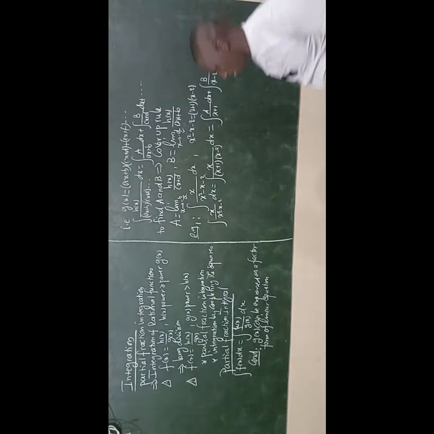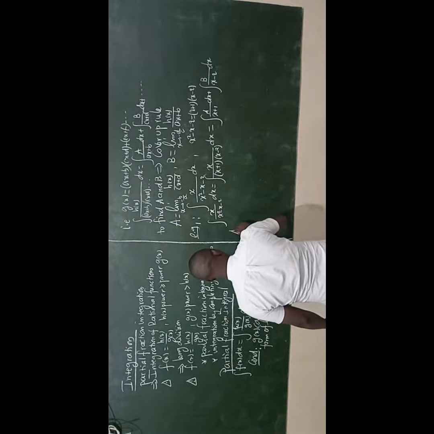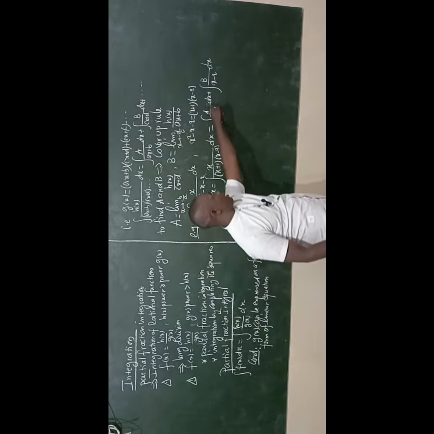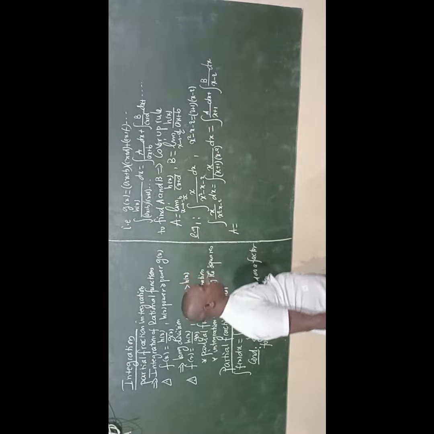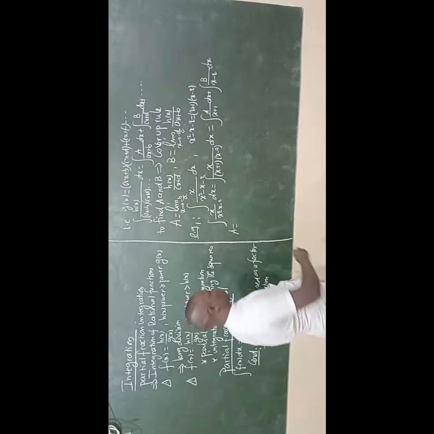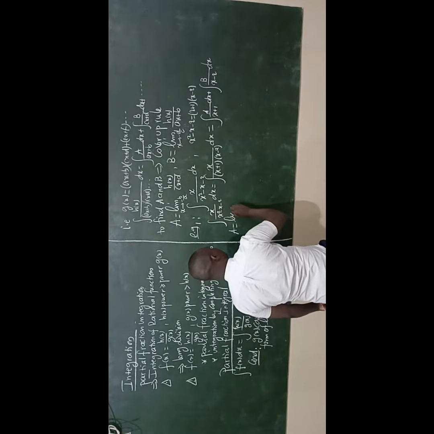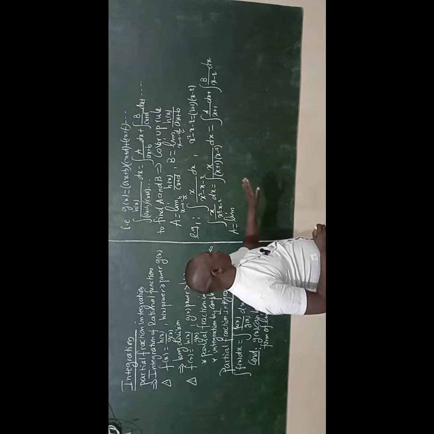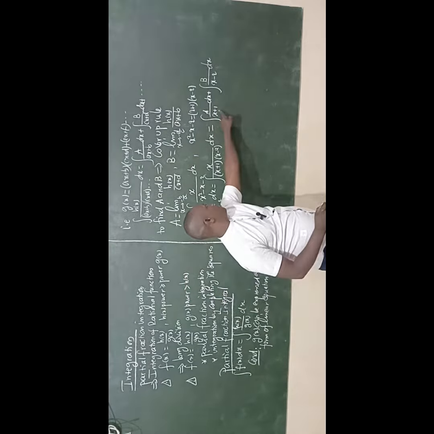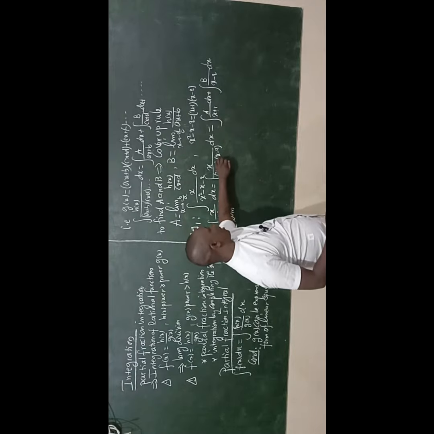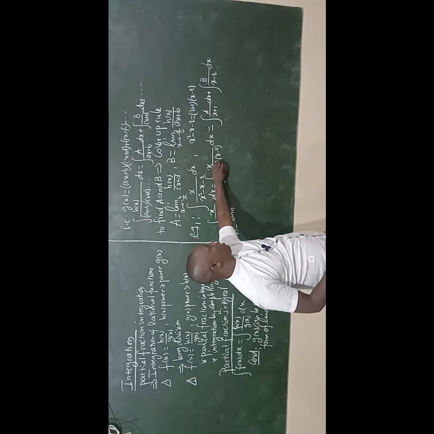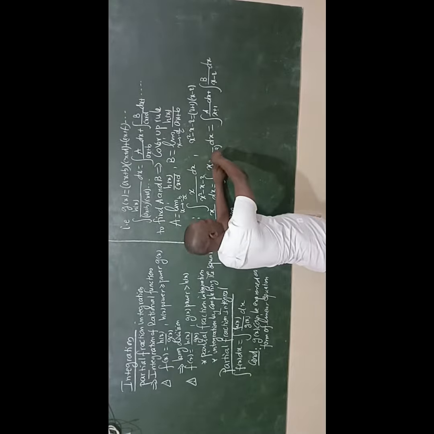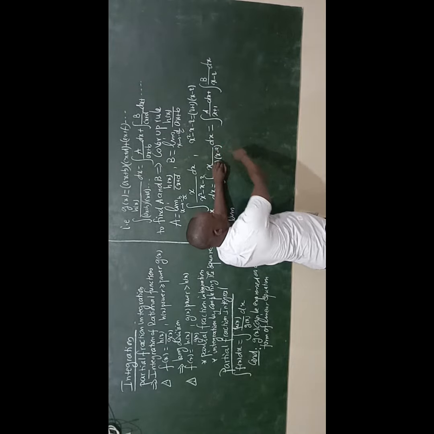Now, the way you saw how to find the value of A and B, A is got by taking the limit using the cover-up. Because the denominator of A is x plus 1, we hide this, and we are left with x by x minus 2.